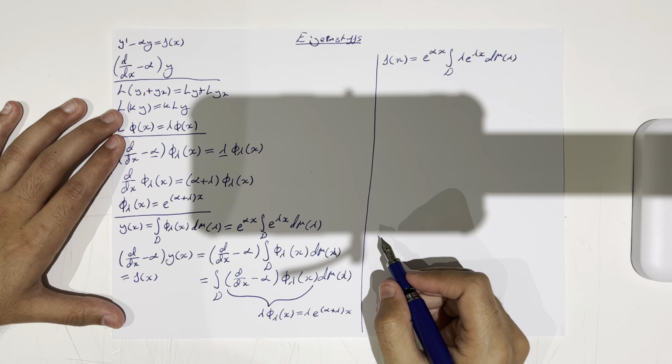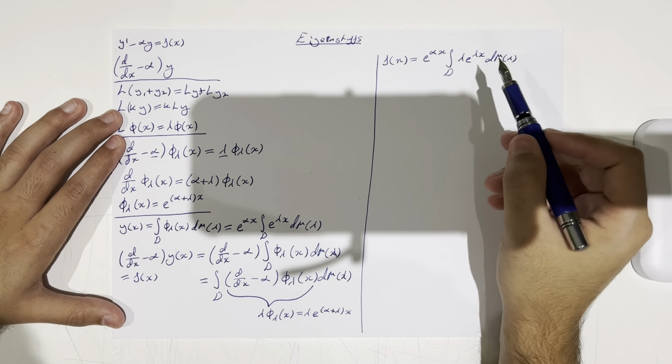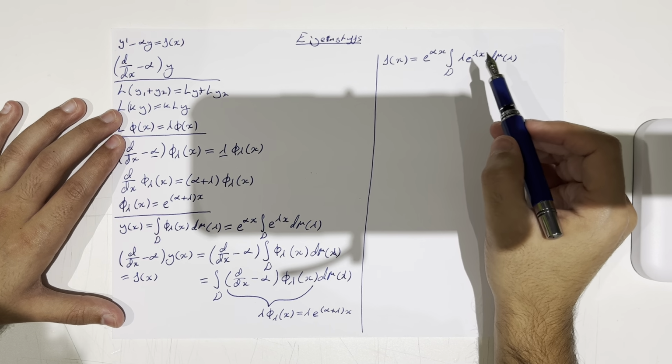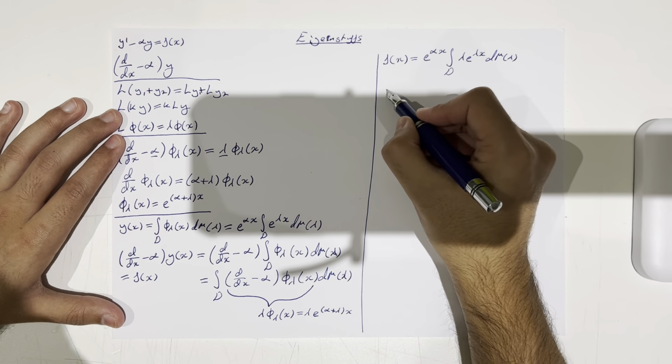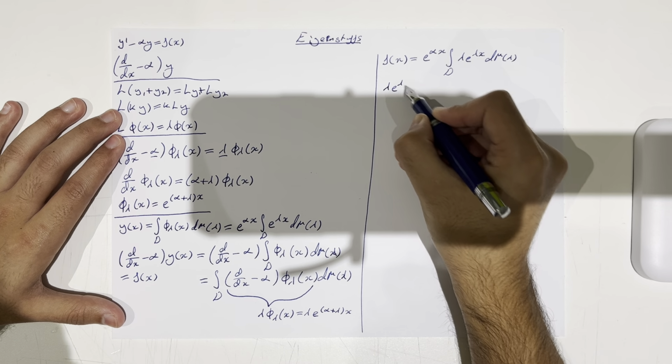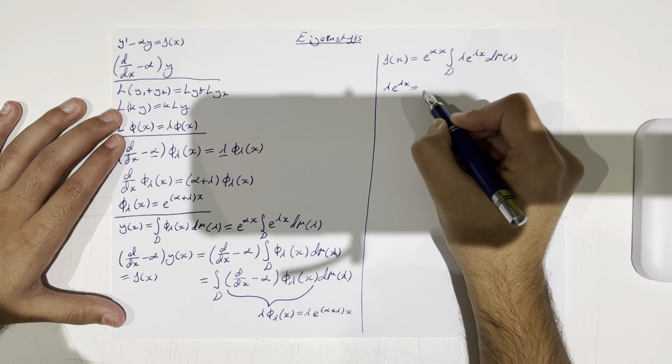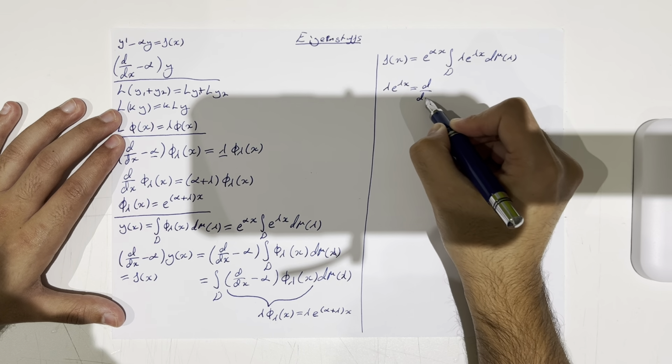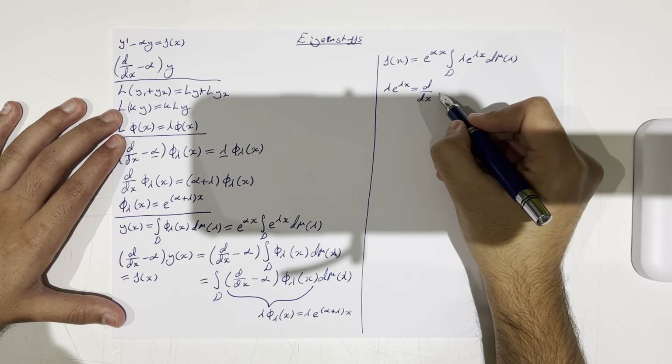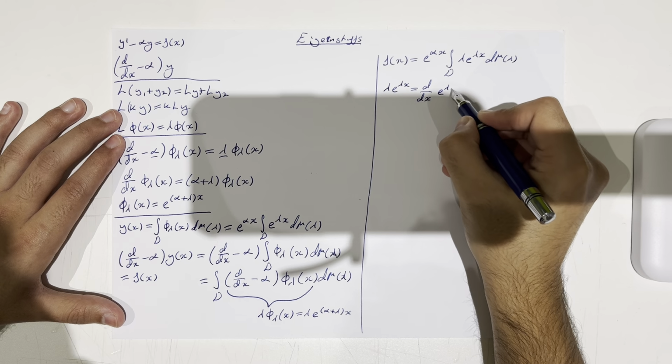Now, one has to notice something quite important. That is that lambda e to the lambda x is equal to the derivative with respect to x of e to the lambda x.